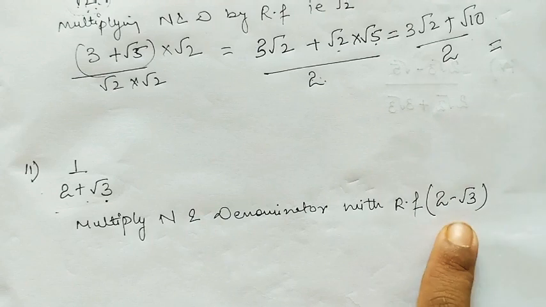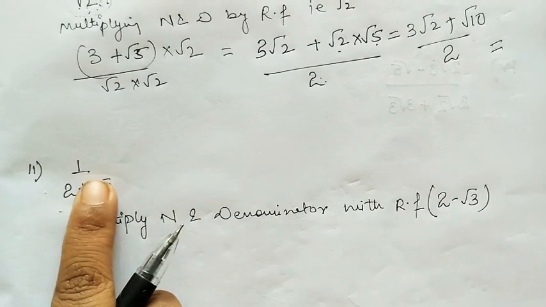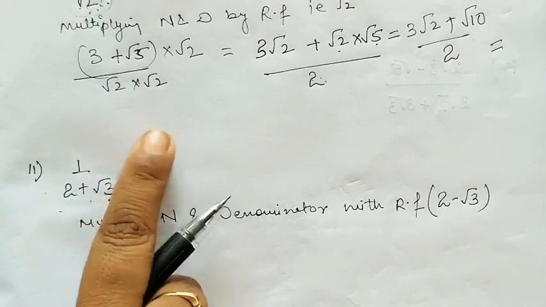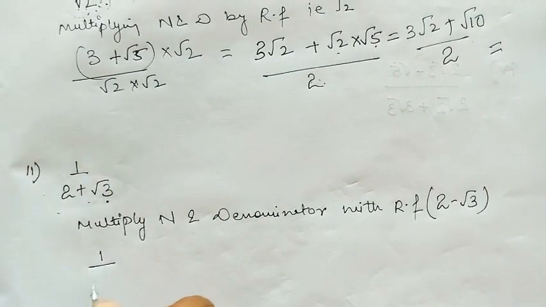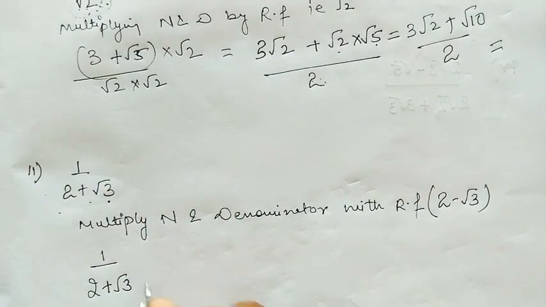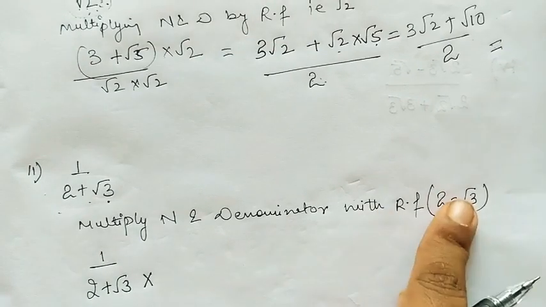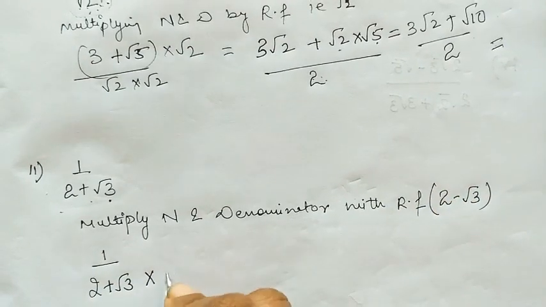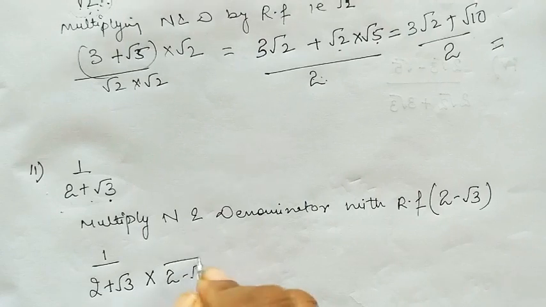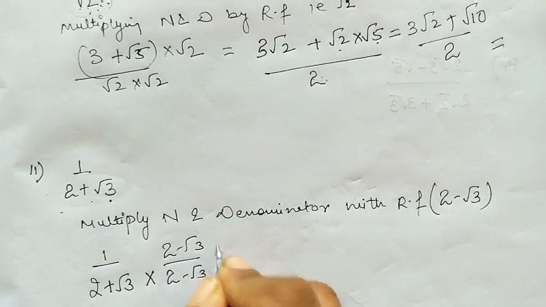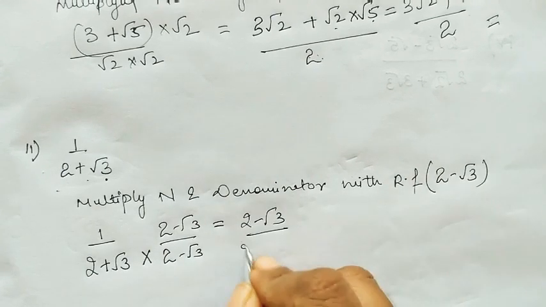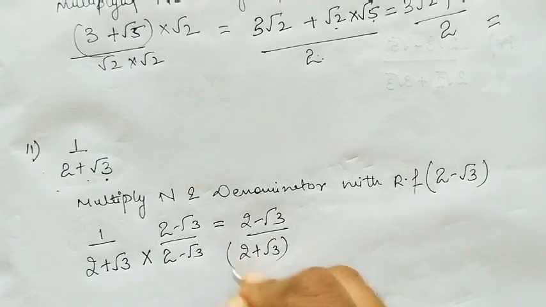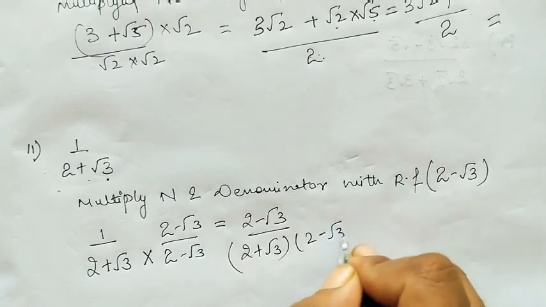As we cannot multiply this number to the denominator alone, we need to multiply it to the numerator also. So 1 upon 2 plus root 3, by multiplying the rationalizing factor to numerator and denominator, we get 2 minus root 3 upon 2 plus root 3 and 2 minus root 3.